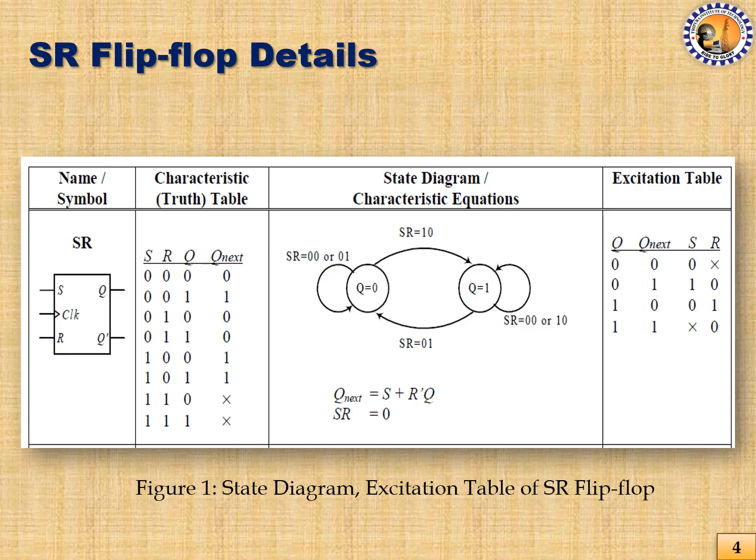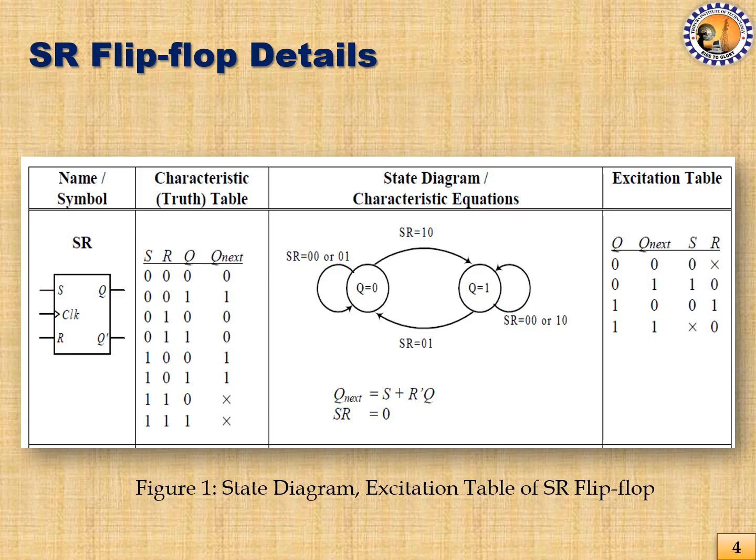Next, we have the characteristic table or truth table, where we can see the S, R inputs, and Q is representing the present state of the flip-flop, and Q next is representing the next state of the flip-flop when inputs are applied and then the clock signal arrives at the flip-flop.